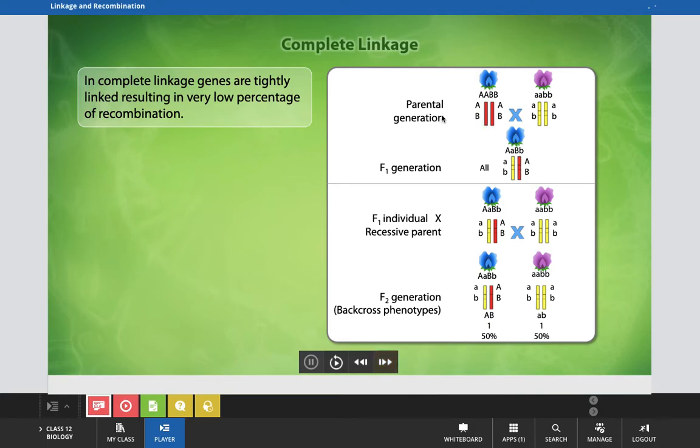Here, the parental generation shows this type of genotype, and in the F1 generation, when the F1 individuals are crossed with the recessive parent, in the F2 generation back cross phenotypes we can see 50% purple and 50% blue color with the help of these genotype transfers.